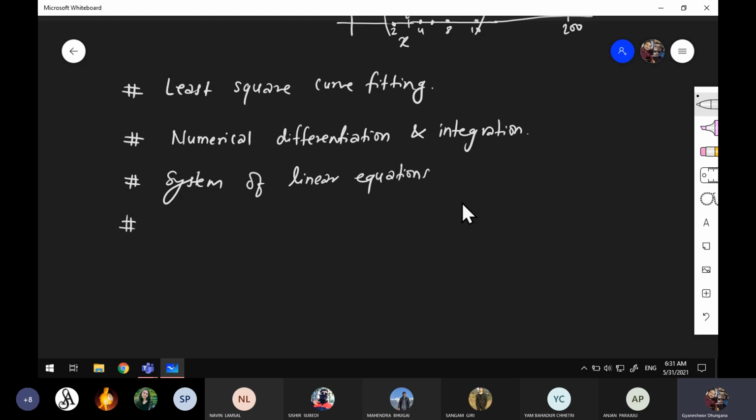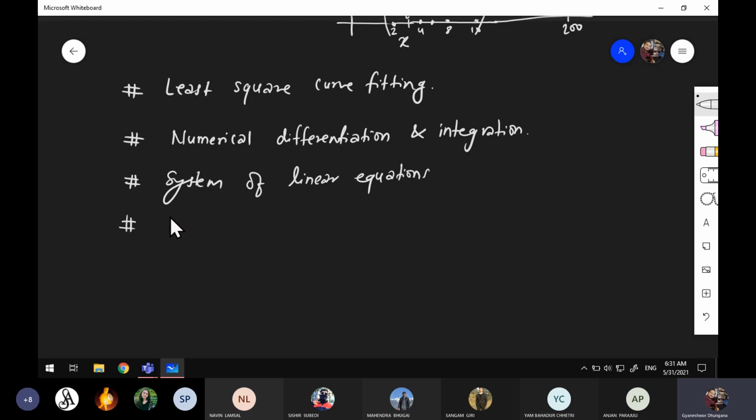The analytical method will be very, very difficult, extremely hard to implement in computers as an algorithm and program. But if we use the numerical method, then it will be much easier. So that is the importance of the numerical method.